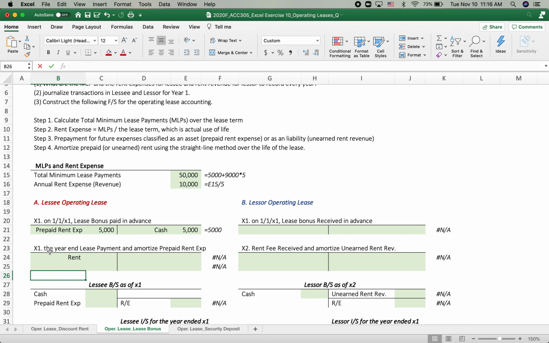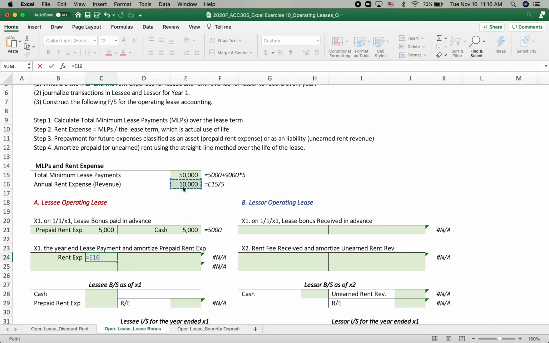Then once they use this asset, they should record the rent expense. How much is the rent expense? We already calculated it here. It is always equally distributed, because when we measure expense, we measure it for the period. So we have equally distributed this total minimum lease payment along the lease term.